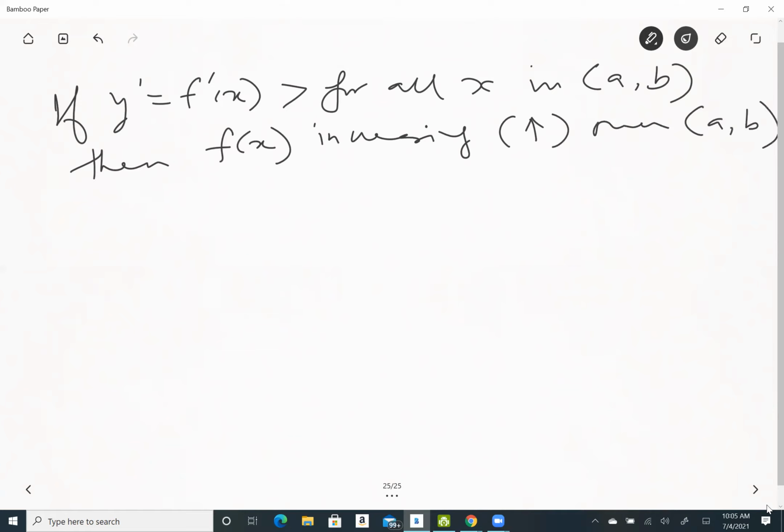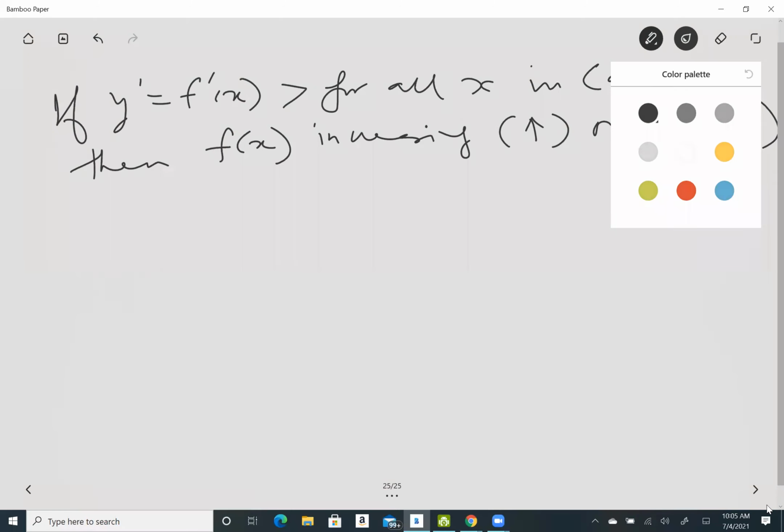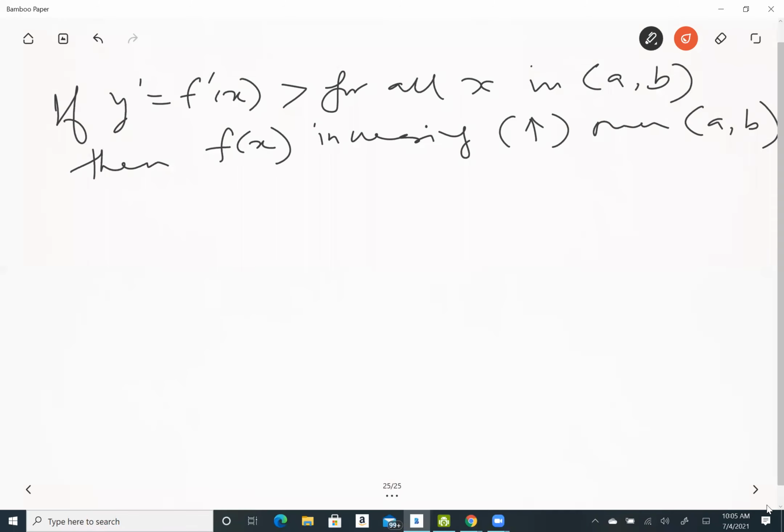And if the y prime is negative for all x in (a, b), then what? Then the function is decreasing, arrow down over the interval (a, b). Okay, so that is the observation.